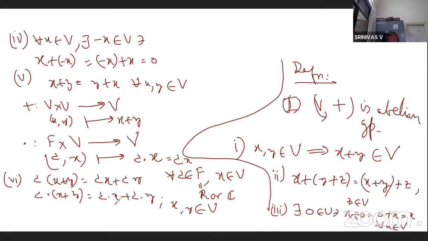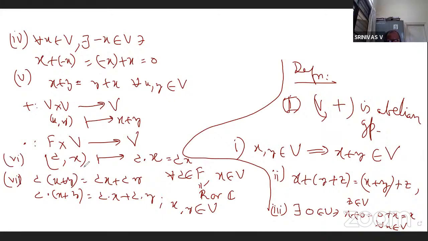This is also a scalar product. This is a scalar, this is a vector. Elements in a field are called scalars. So scalar times vector is a scalar product. Let us call this property 6, and this is 7.